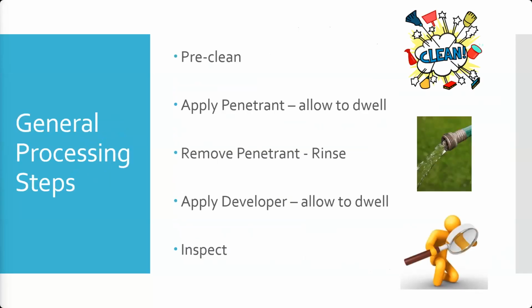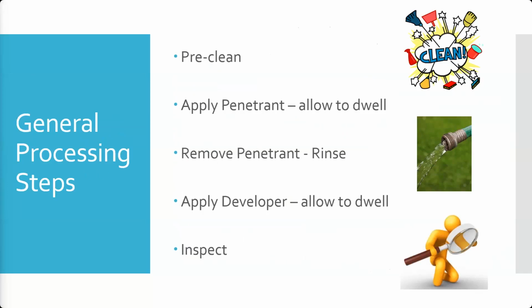So let's look at the process of performing LPI. I've kind of talked as I've gone through the different materials, but here's our general overview. We want to remember the part has to be clean so that we don't have anything on the surface that could react with our penetrants or our developers for that matter. We need to apply our penetrant and allow it to dwell. We need to remove the penetrant and rinse it.